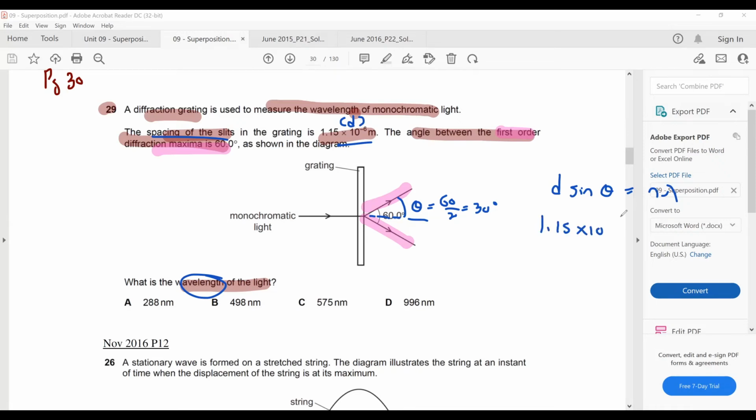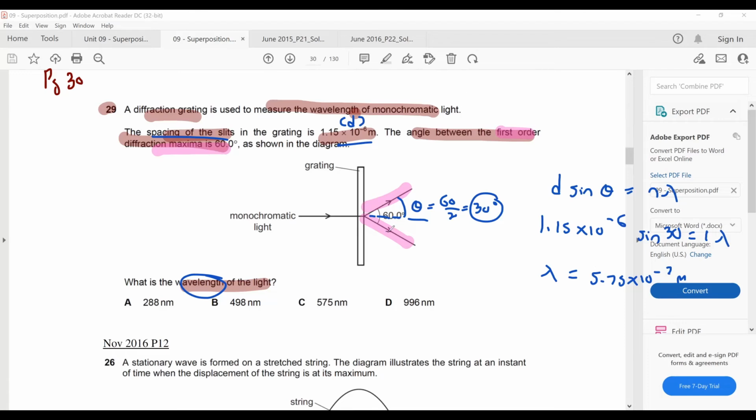1.15 times 10 power minus 6 times sine 30 equals n lambda, where n is 1. So then you get your lambda. 1.15 times 10 power minus 6 times sine 30, you're going to get 5.75 times 10 power minus 7 meter.